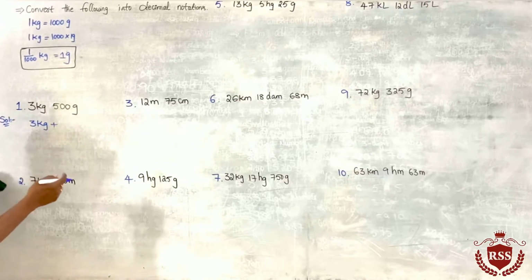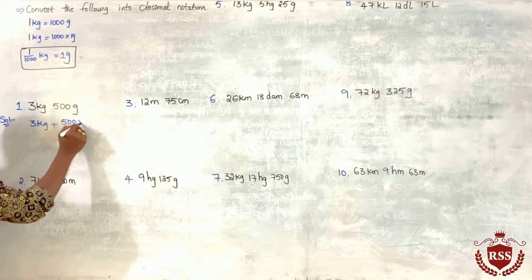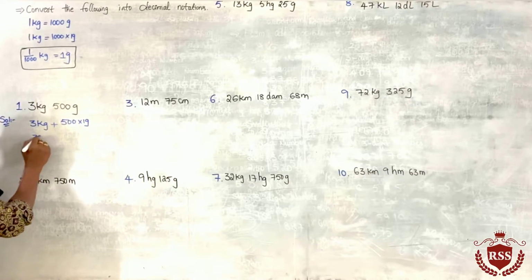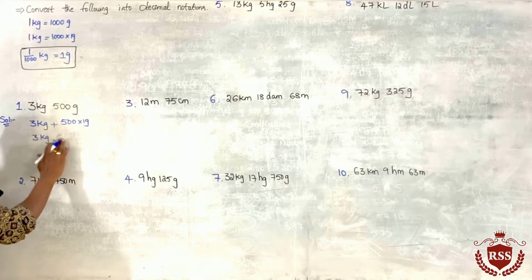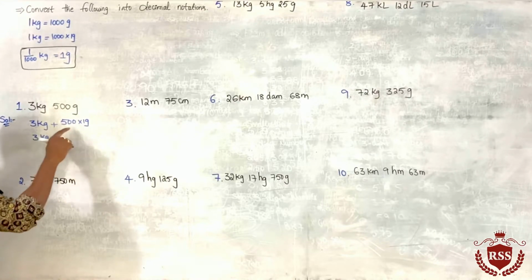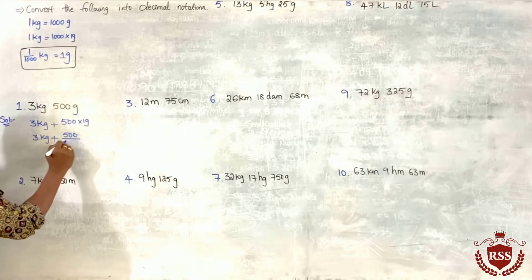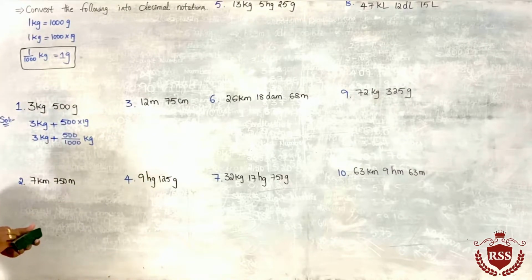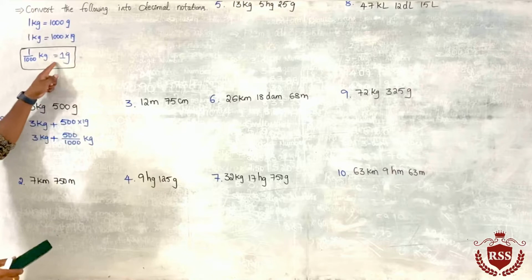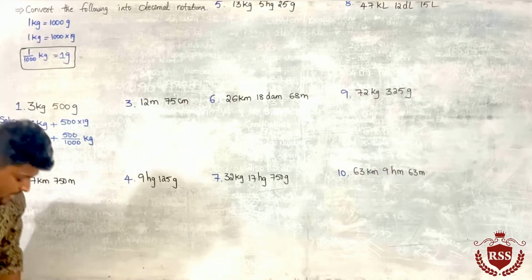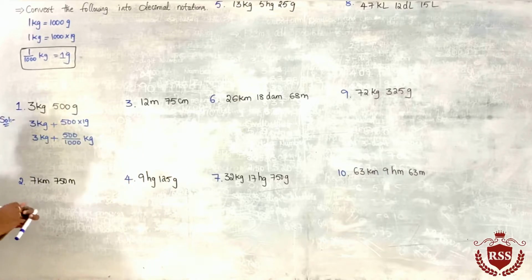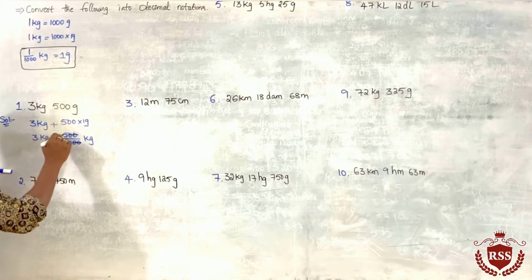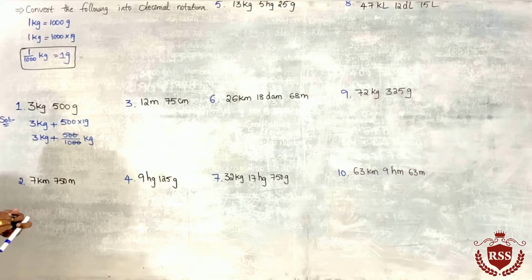So 3 kg plus 500 by 1000 kg. We can cancel the zeros, 5 by 10 means 0.5.